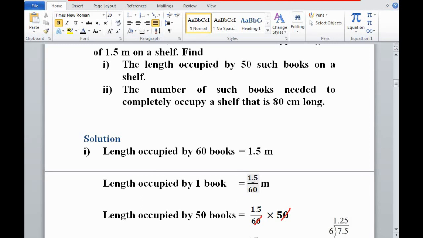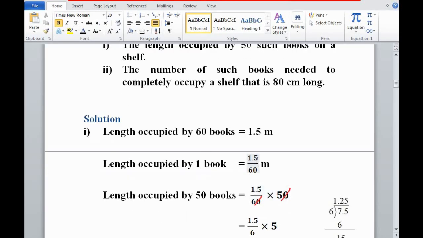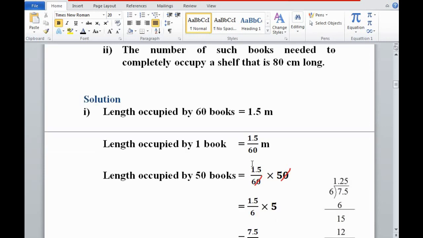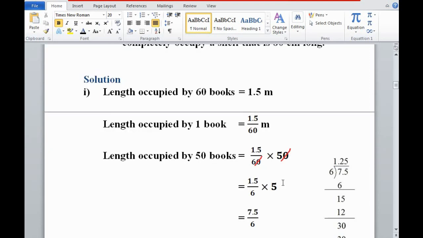And this can be calculated by 1.5 upon 60. And after this fraction 1.5 upon 60, if we multiply 50 by this fraction, it means that we are finding length occupied by 50 books. And now simplification. First we will cancel out 0 by 0.